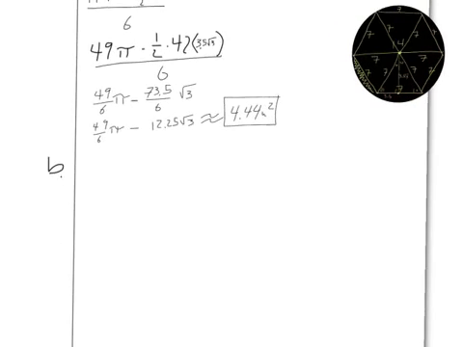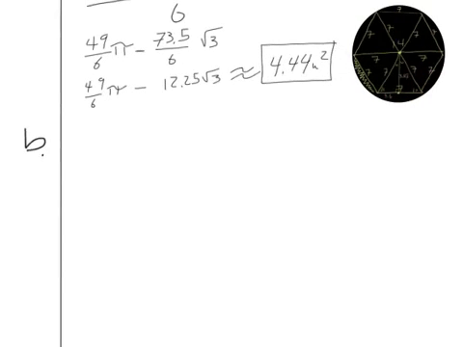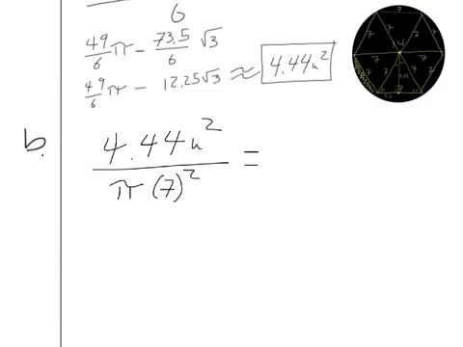So let's take a look. My target area is 4.44 units squared, where my total area is a circle. So it's just going to be pi r squared. Again, my radius is 7. So we already worked this out. We know the total area, I should have a unit squared down there, is going to be 49 pi units squared.